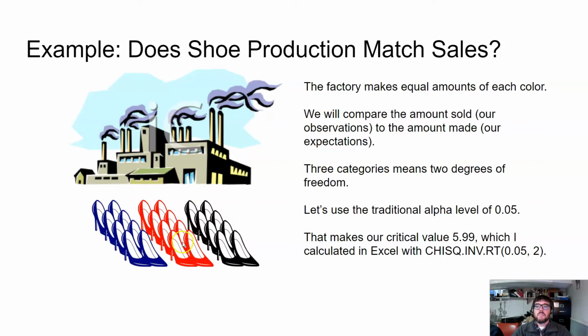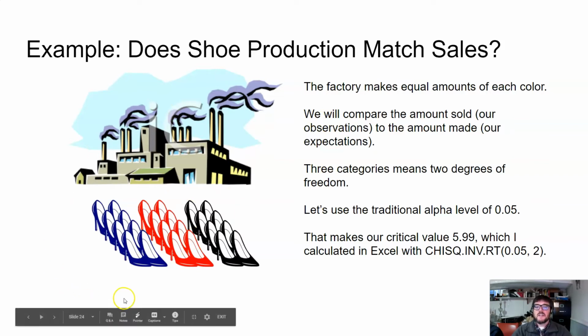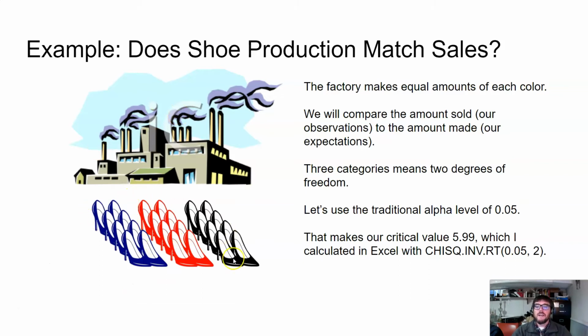So here we'll use an example of a shoe manufacturer. Let's say right now in the status quo, the factory makes equal amounts of blue, red, and black shoes. They want to make sure that their production is actually matching demand. And so they are going to compare the amount sold, which are the observations, to the amount made, our expectations.